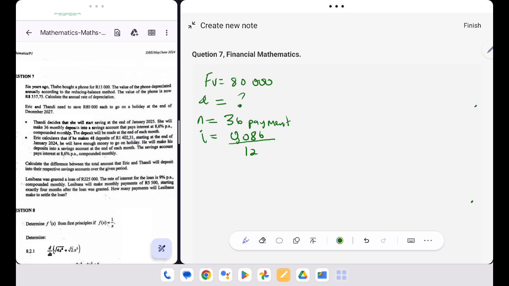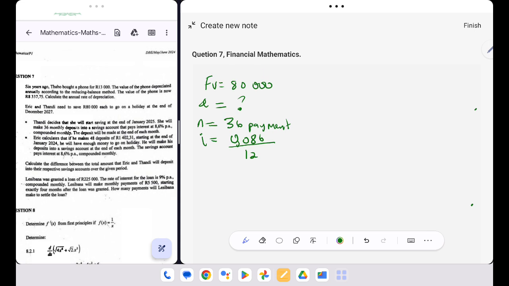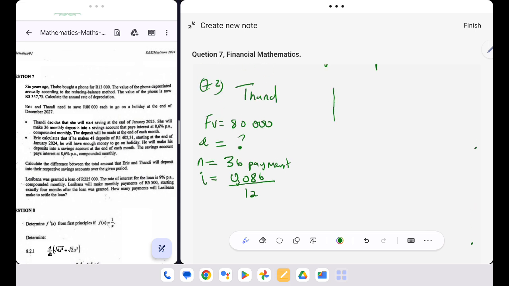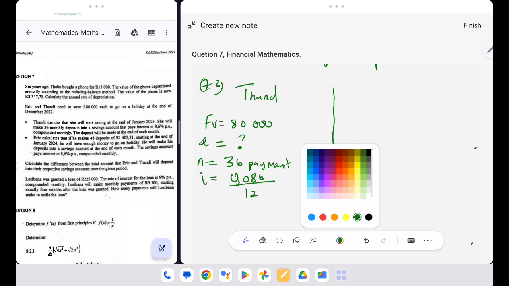Then take that amount divided by 12, because interest will be calculated monthly, and each year has 12 months. Okay, we are done with Tandy's information. Let's go to Eric now.